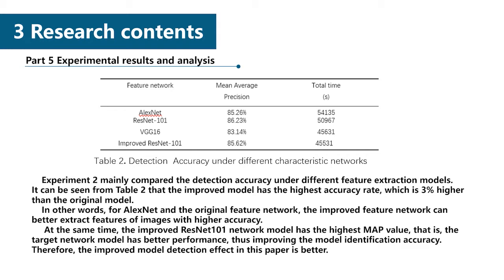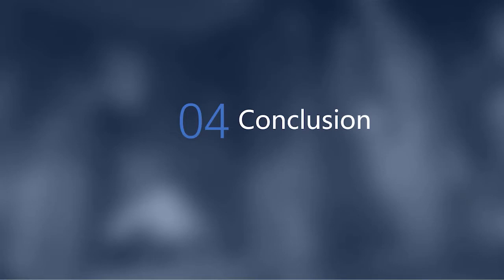At the same time, the improved ResNet 101 network model has the highest MAP value. That is, the target network model has better performance, thus improving the model identification accuracy. Therefore, the improved model detection effect is better.